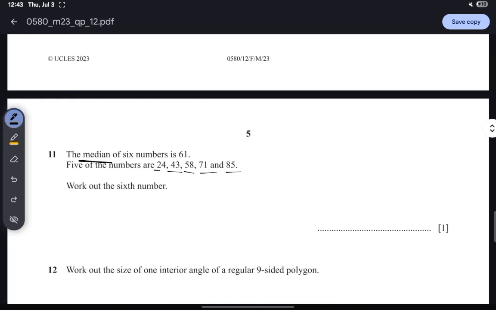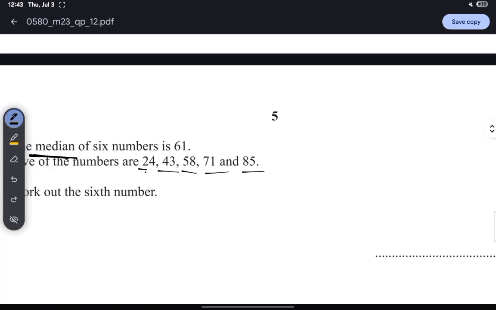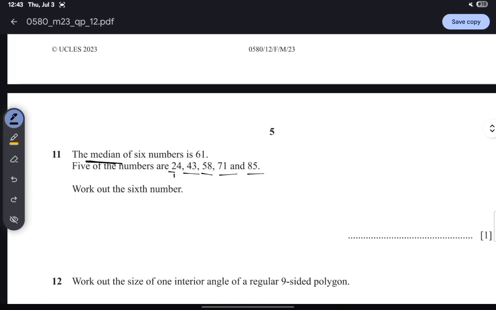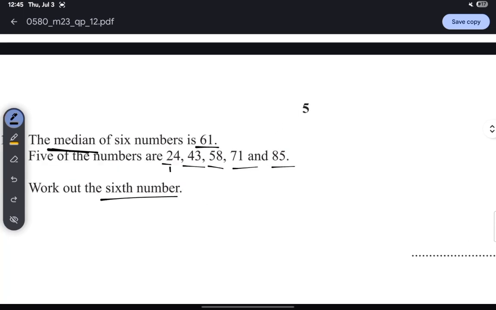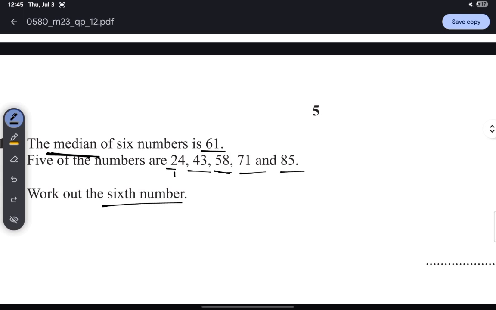Right? So to work out the sixth number, we have five numbers already. So the question is asking us to work out the sixth number. So seeing that the numbers are already arranged and the median, which is 61, is greater than 58, right?